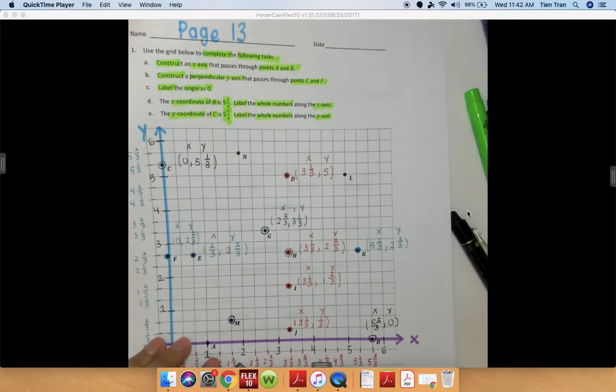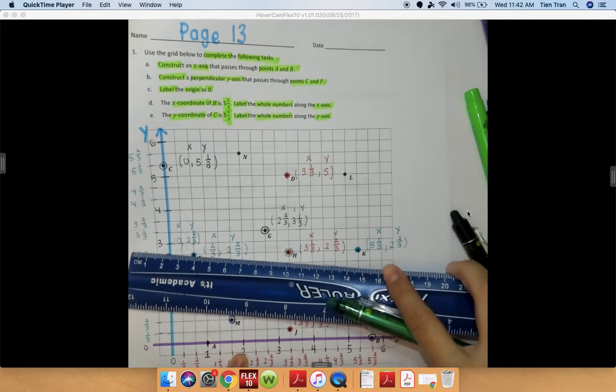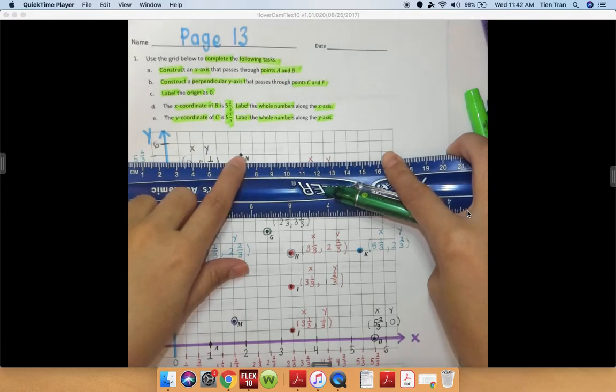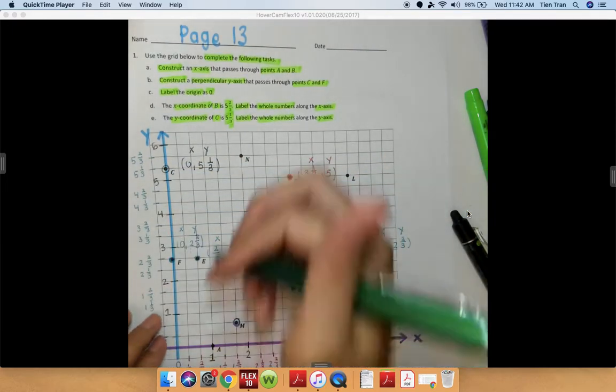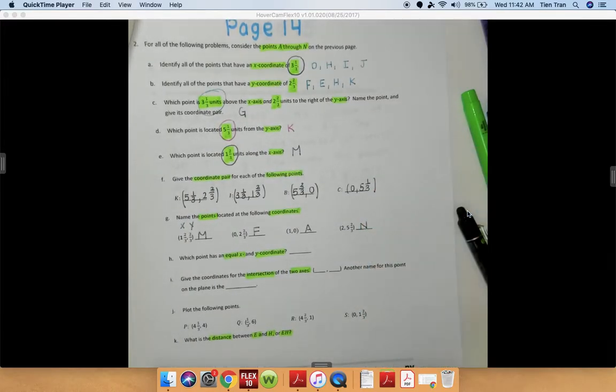So we're going to move 2, and then it says 5 2/3. So right here is 2, and then I'm going to move up 5 2/3. And if you see right there, we have 5 2/3, and that's the letter N. I'm going to write down N right here.